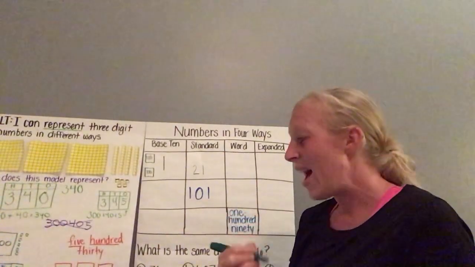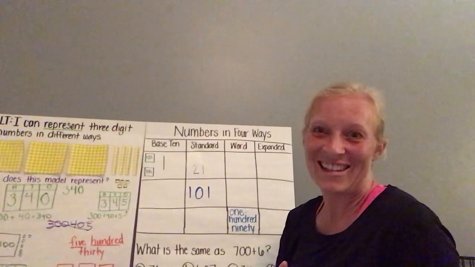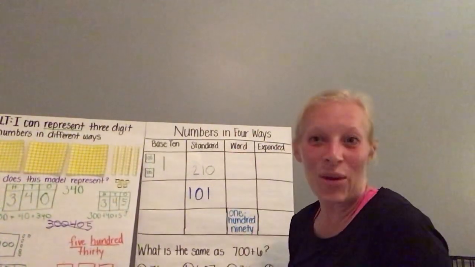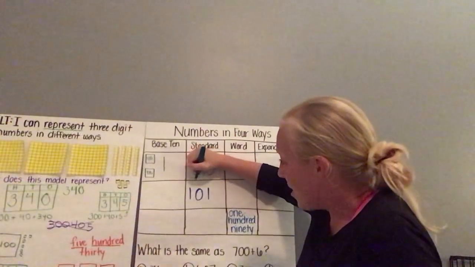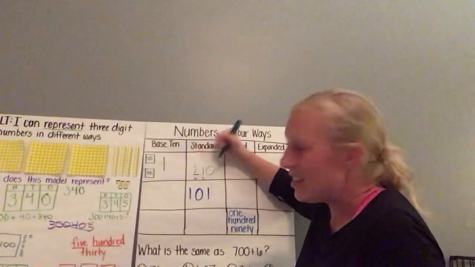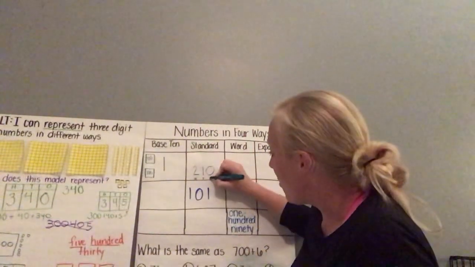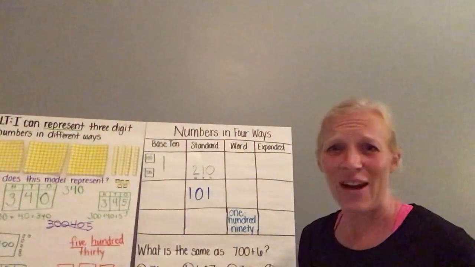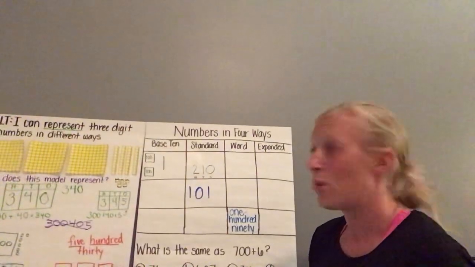No, we did that with our 530 that we just got done writing, right? So we're gonna make sure that we have that 0 in the ones place. I have my hundreds place, I have my tens place, and I have my ones place. Now if I was gonna write that in words, what would it sound like if I read that number?